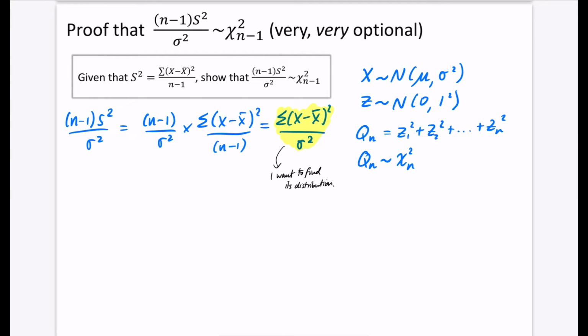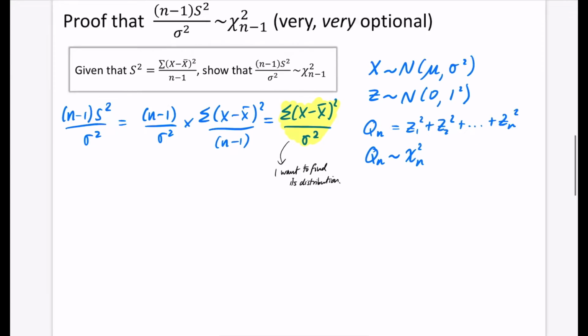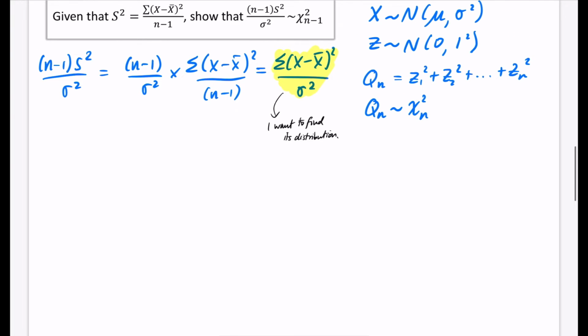Okay, let's now return to the definition that we have over here. So we know that this is the sum of all of these squared normal things. So I could say that Z1 squared plus Z2 squared all the way up to Zn squared is going to have a chi-squared distribution with n degrees of freedom.